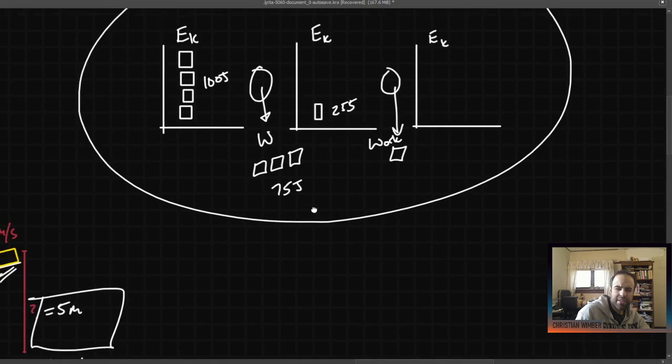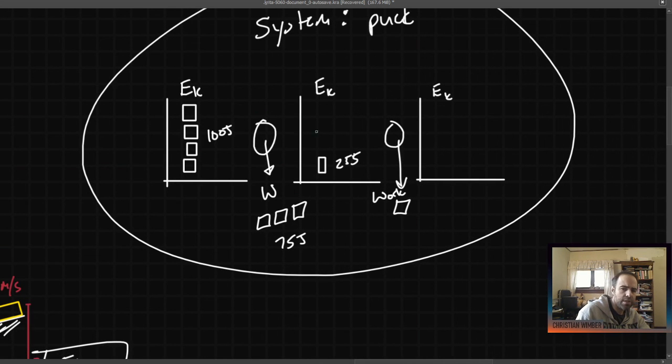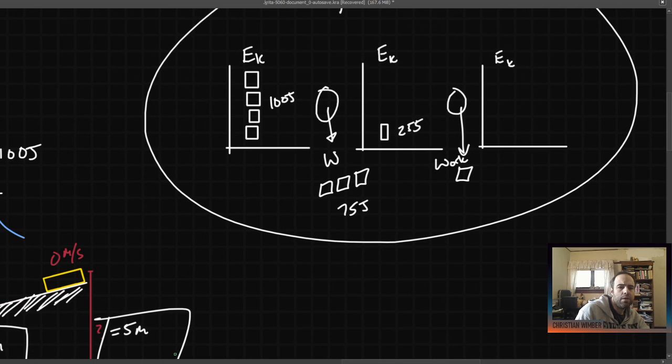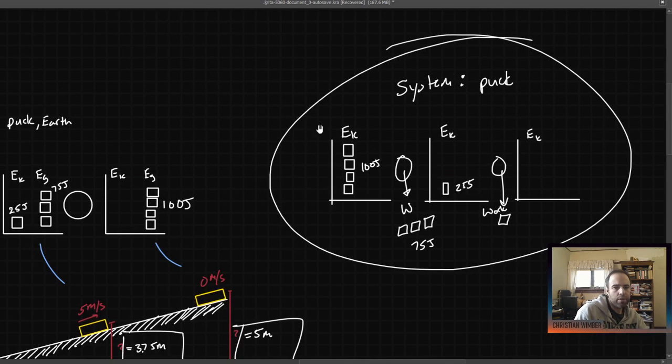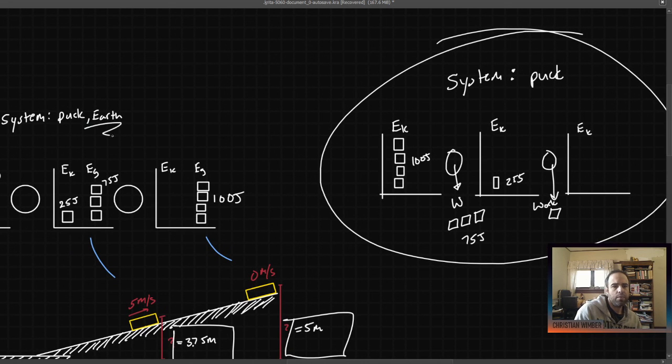You could have done the same exact problem by describing how the energy is leaving the puck and is now being done as work, and that work is actually being used to pick up the puck. But again, only if we're including the Earth in our system can we use this EG. Otherwise, we have to just use work.